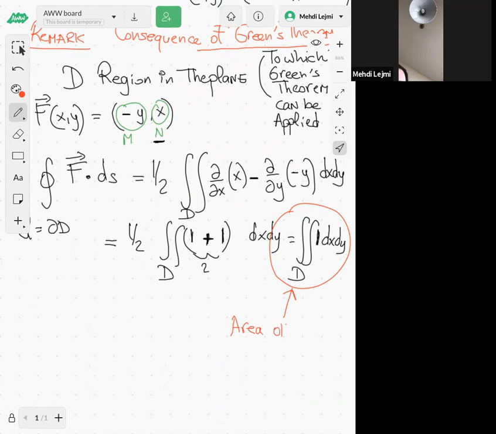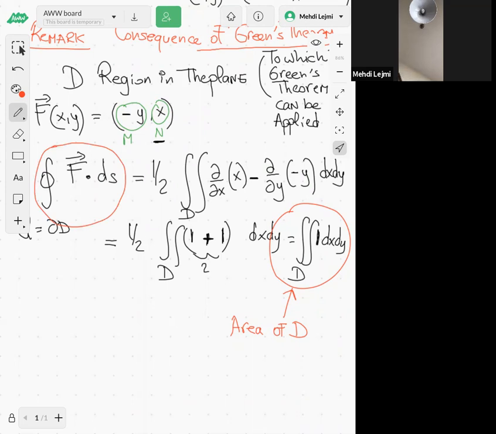And so what we are saying here is that, using Green's theorem, you can calculate the area of a region. The area of a region is a two-dimensional notion, right? It's a plane. You can calculate this area, which is a two-dimensional notion, by using line integrals. And line integrals are defined along a curve, so that's a one-dimensional notion.